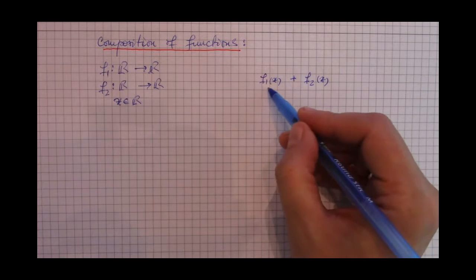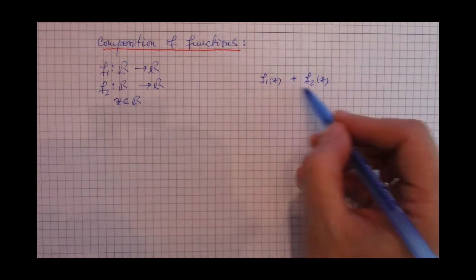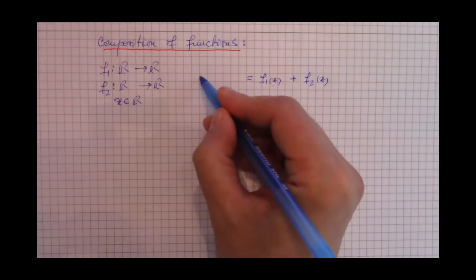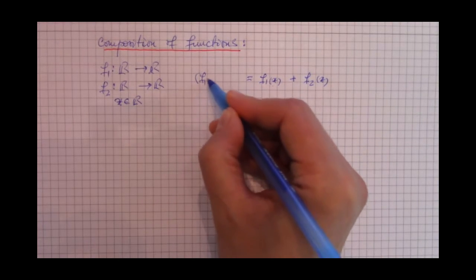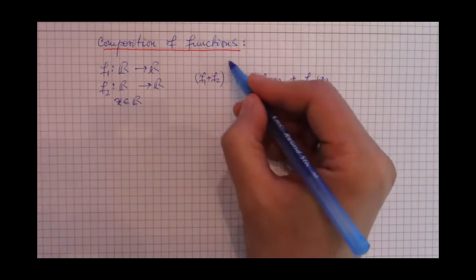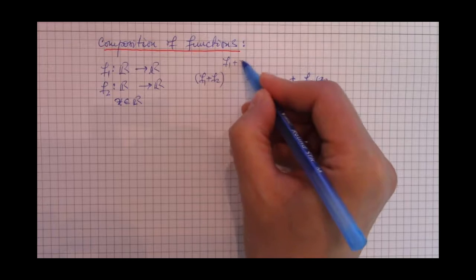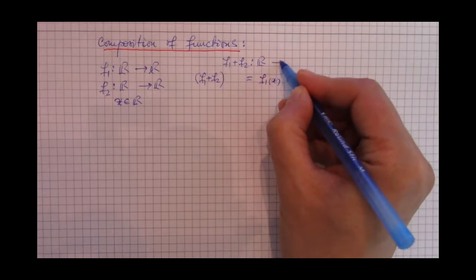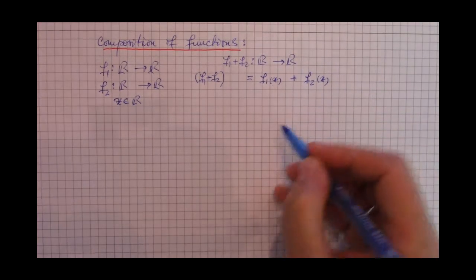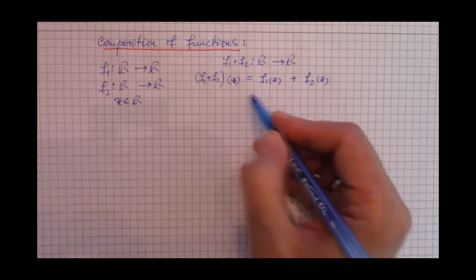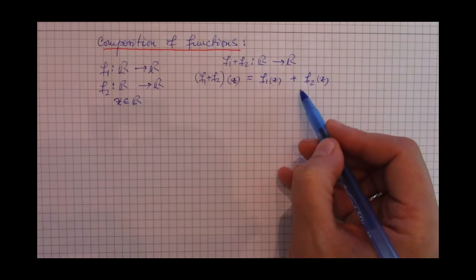We can add them, and this addition makes sense for any x. So effectively, what we did is we constructed a new function. Let's call it f1 plus f2. So we have this function f1 plus f2 that's defined on real numbers with values into the set of real numbers. f1 plus f2 of x is just f1 of x plus f2 of x.